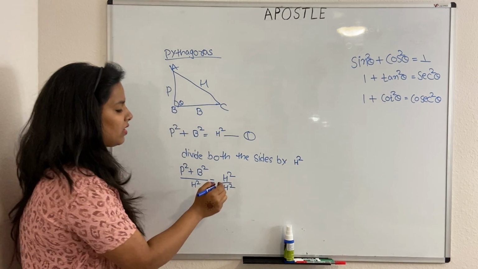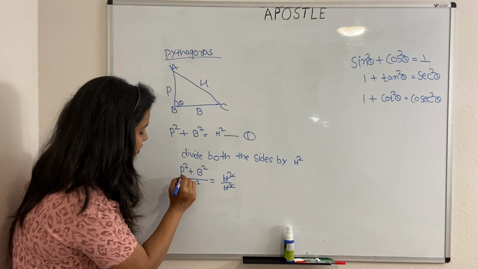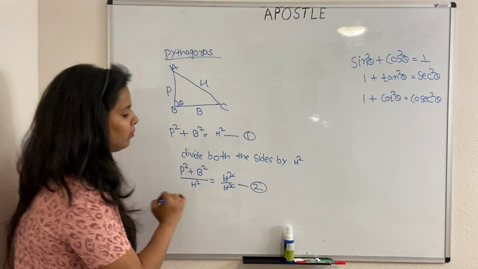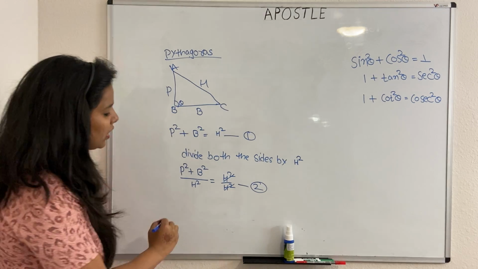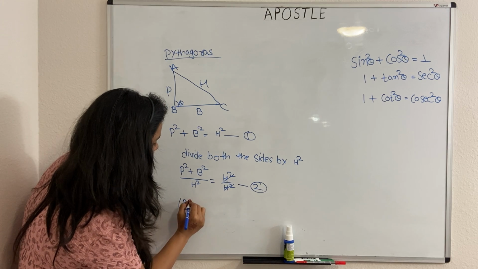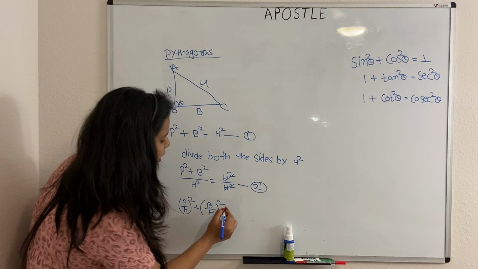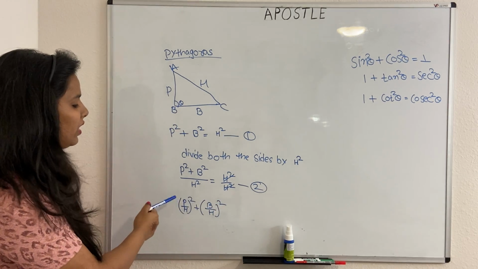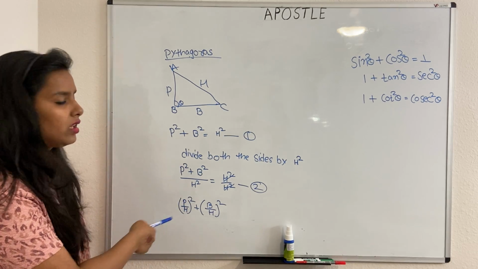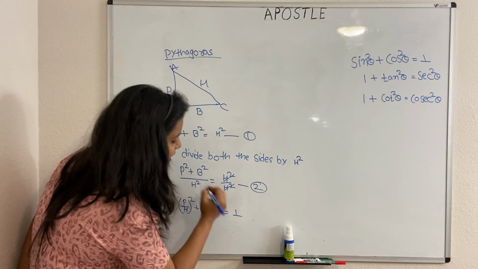We can cancel out h square by h square, so it is 1. I am going to name this equation number 2. We can also write it as (p by h) whole square plus (b by h) whole square, because if we solve this again, we get p square plus b square in the numerator and h square in the denominator. So we can rewrite the equation like this.